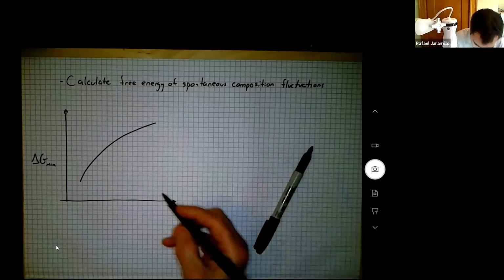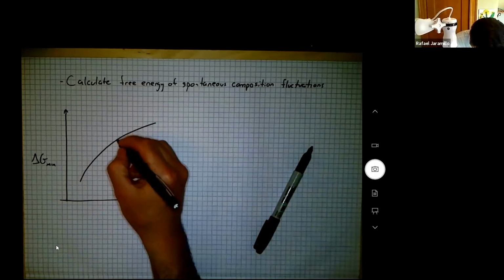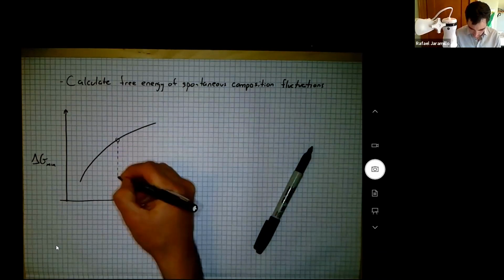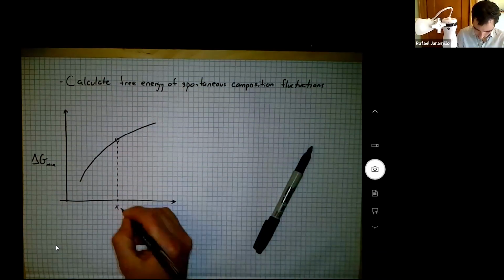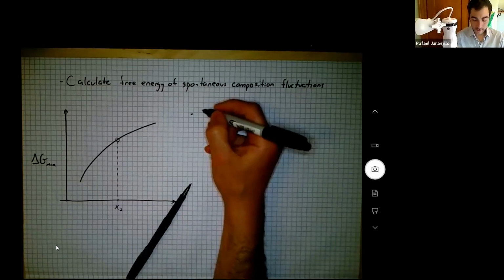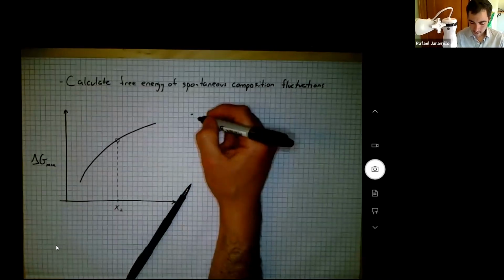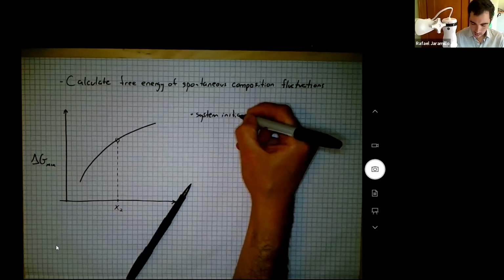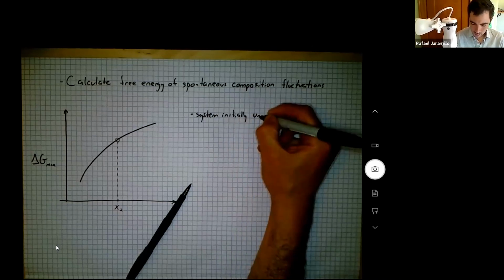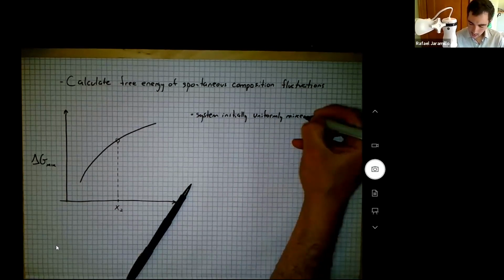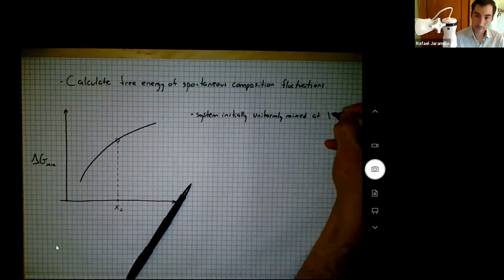And so let's imagine that we start here at overall composition x2. So the system is initially uniformly mixed at composition x2.